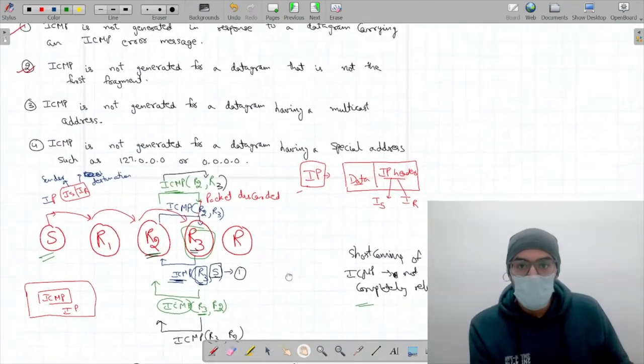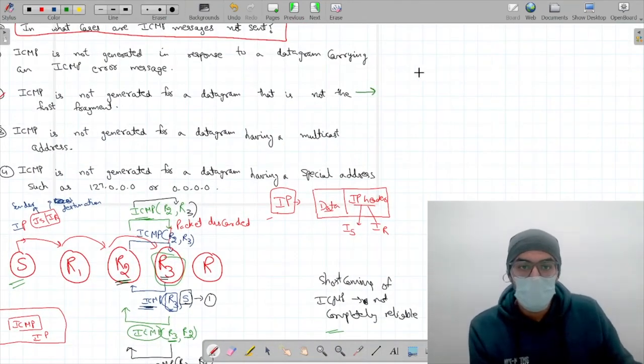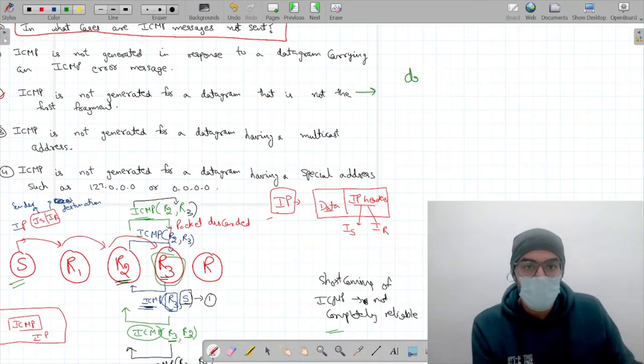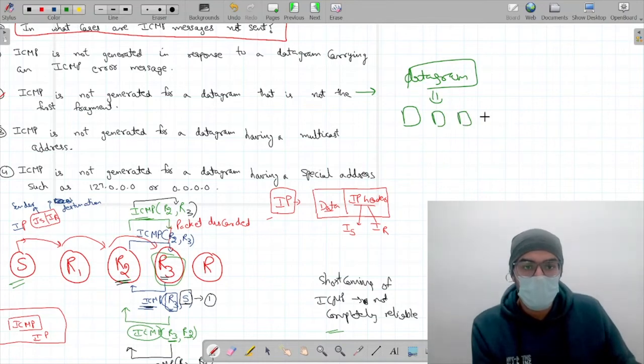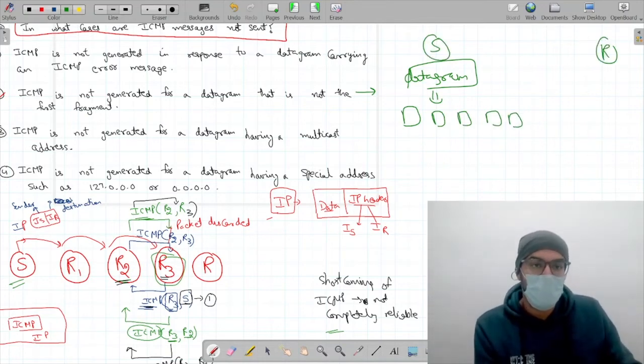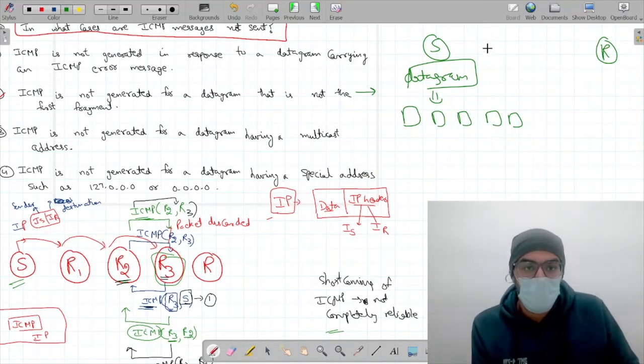that, let's say this is the datagram that we want to send, and we have divided this datagram into a number of fragments. This is the source. Before sending it to the receiver R, I'm dividing this datagram into a number of fragments: first fragment, second, third, fourth and fifth.